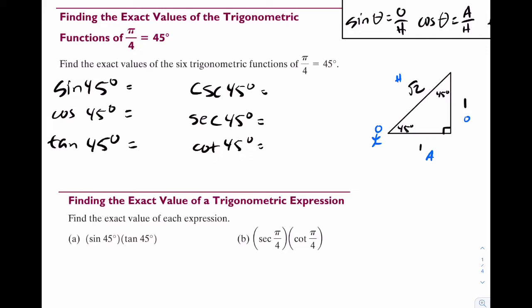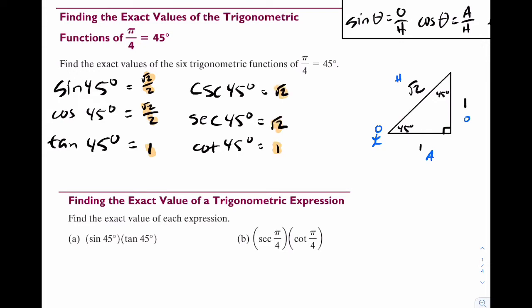Sine 45, that's 1 over root 2, which is root 2 over 2. Cosine 45, that's also root 2 over 2. Tan 45 is 1. And then for the next ones, we're going to flip everything. So that's just root 2, and 1. So here are the 6 answers.